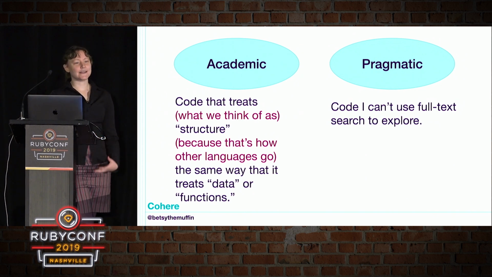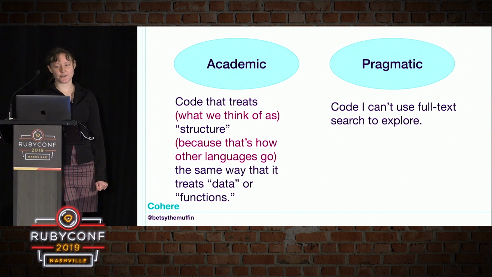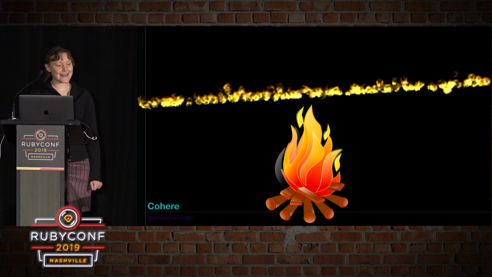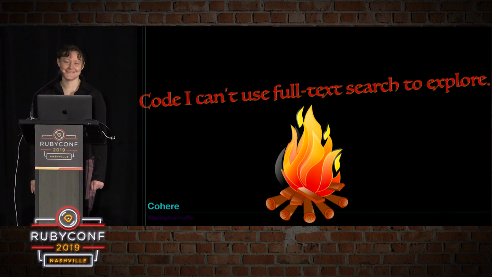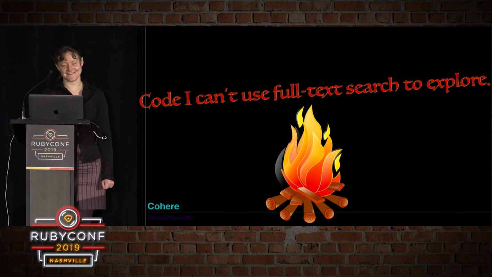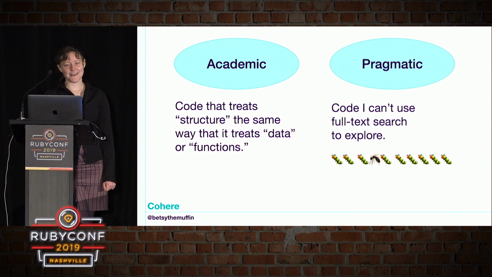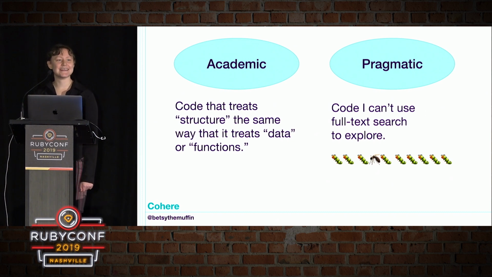And that's because at its core, the pragmatic definition is not about full-text search. Instead, it is about feelings. The pragmatic definition is about our feelings in the face of code that resists analysis via full-text search.